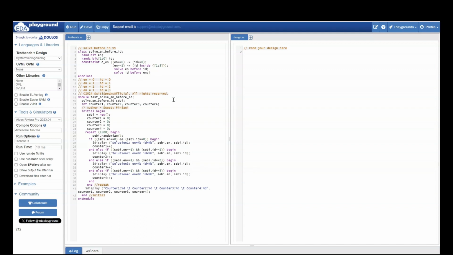That is why I have four different counters. For each solution, I am going to count how many times this particular solution has been picked up.